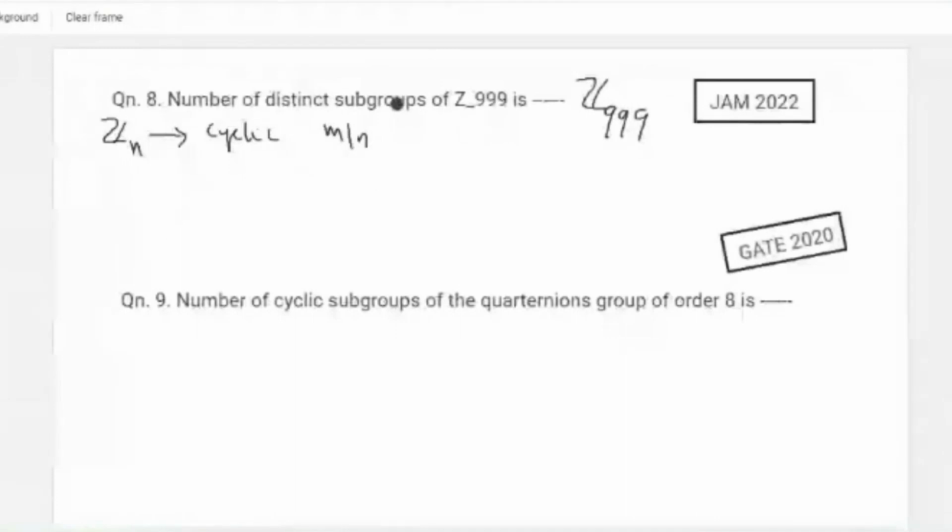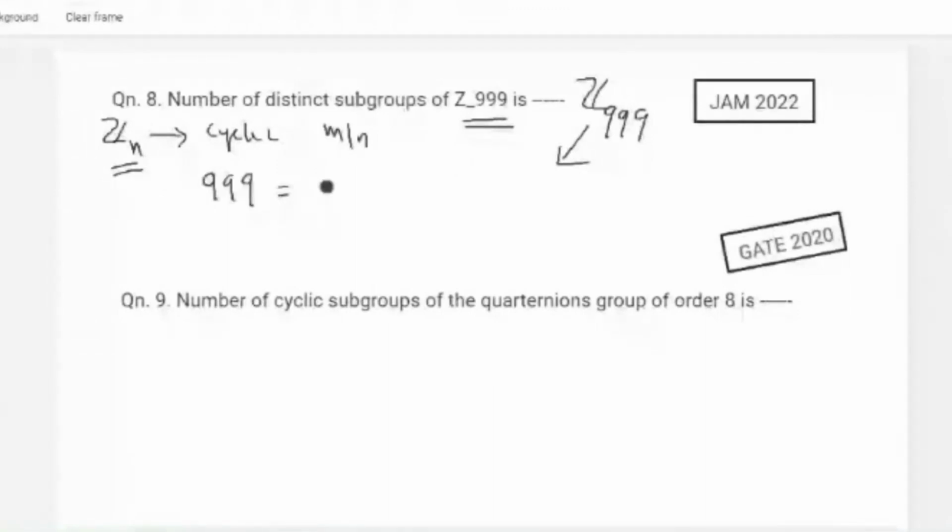For the number of distinct subgroups, for Zn, corresponding to every divisor there is a subgroup, so we have to consider the distinct divisors. What are the different divisors of 999?